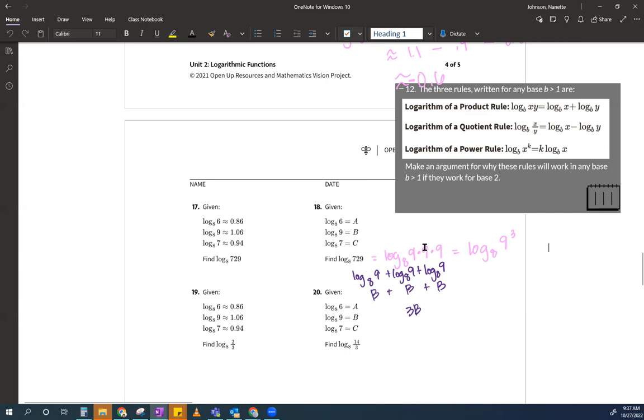This is how some people see it, and this is how some people see it. So I saw it as 9 cubed. So then I would use the power rule, and the power rule just says when you have an exponent, it becomes the coefficient. So exponent inside becomes the coefficient outside. So 3 log base 8 of 9, which is exactly what you have right here. This is 3 log base 8 of 9, right? Which log base 8 of 9 is just B, so that's just 3B. Do you see that no matter which way you go, you get the same exact answer?